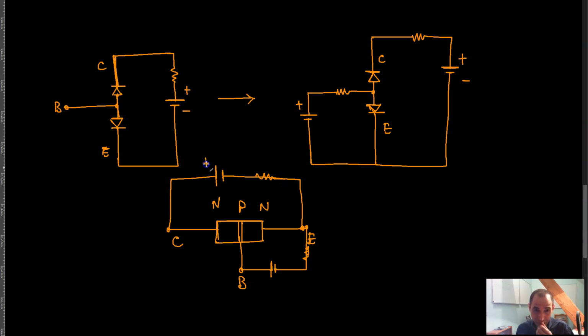In this case, something happens in the sandwich region, in this region over here, so that the current can flow in this circuit in this direction, from positive to negative, of course.